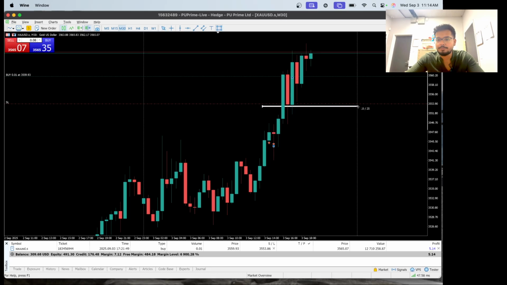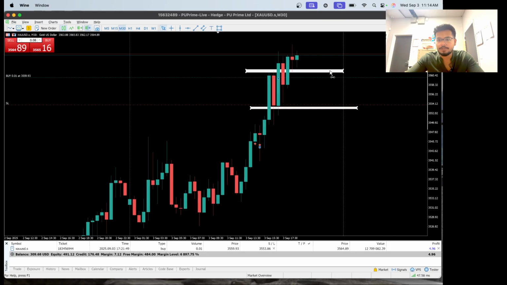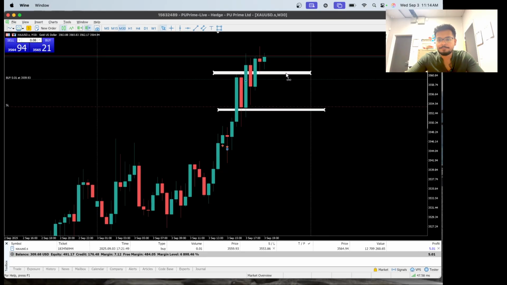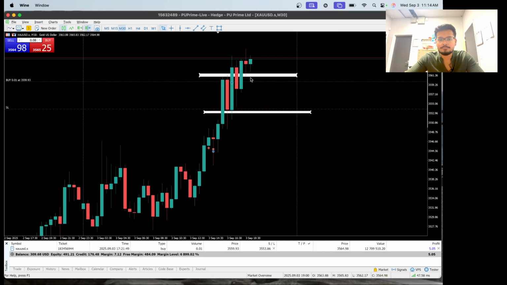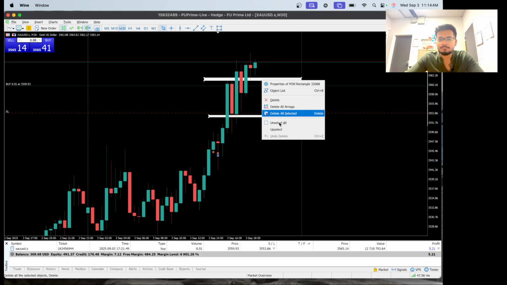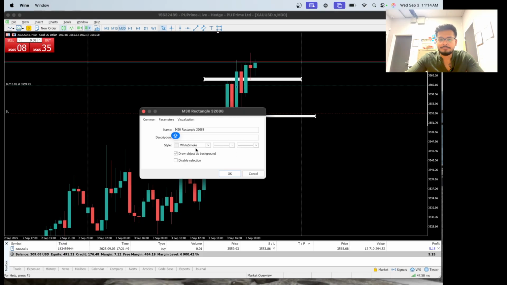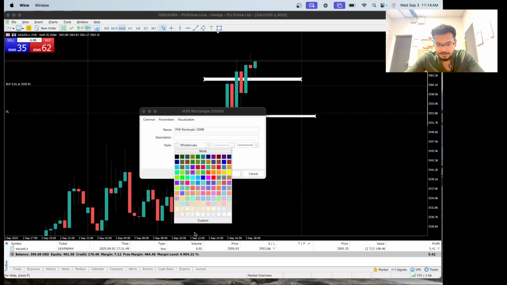Price took support here after rejecting this level. All right. I'm not professional when it comes to using MT5, but I think with time it will get better.